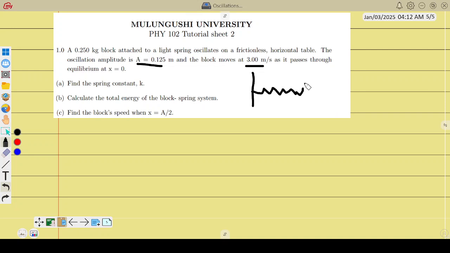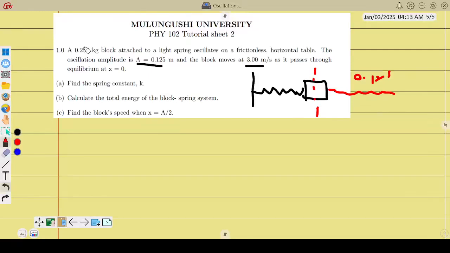Amplitude is maximum displacement, we defined these terms. If it is stretched to that side, it's still 0.125. It passes here at equilibrium, and that's when the speed was 3 meters per second. So the first question is find the spring constant.